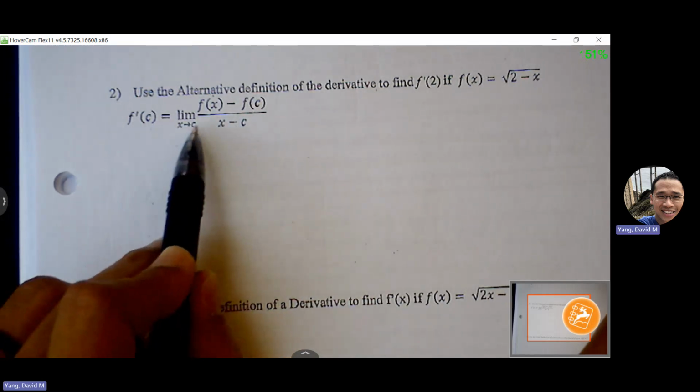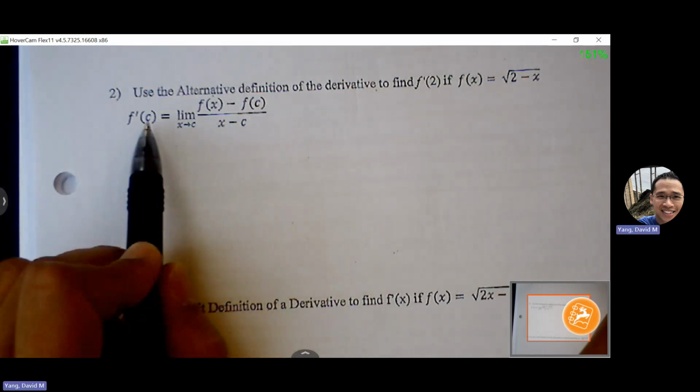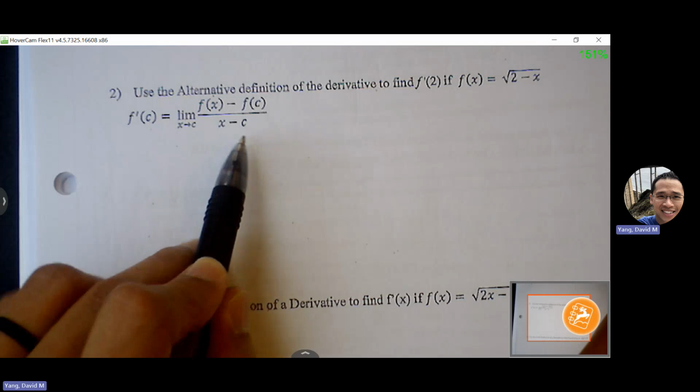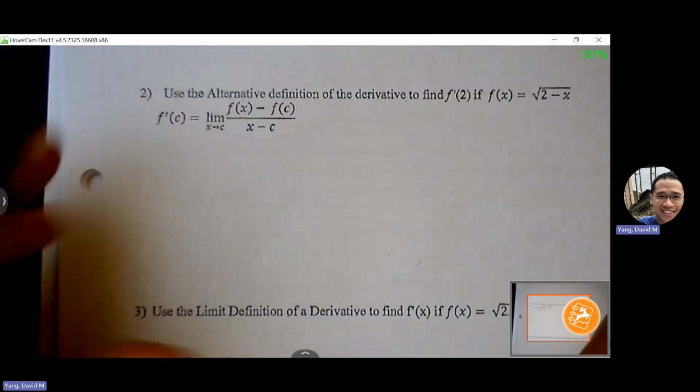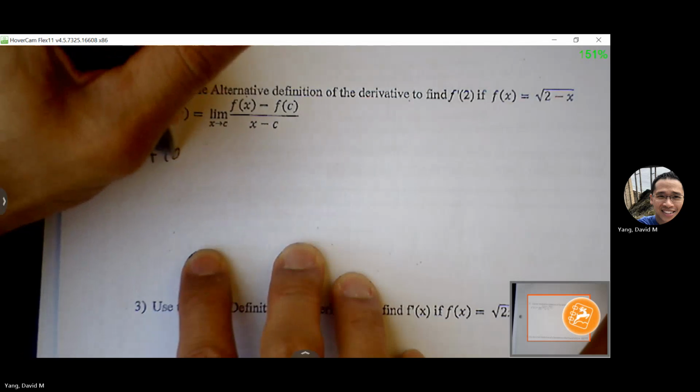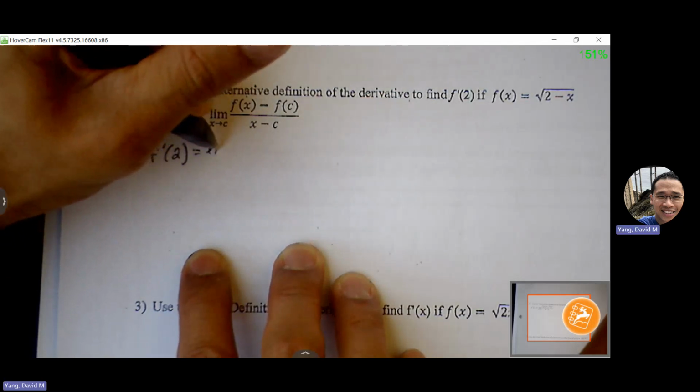Replace them with what? Not x. We're trying to find f prime of 2. Yep. So replace all the c's with 2's first, and then things will begin to help us see the next step.